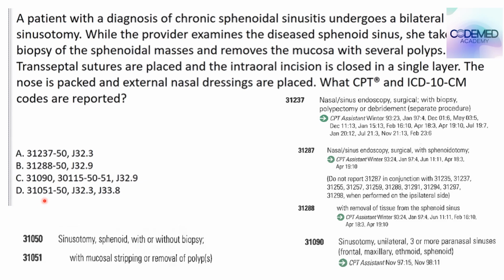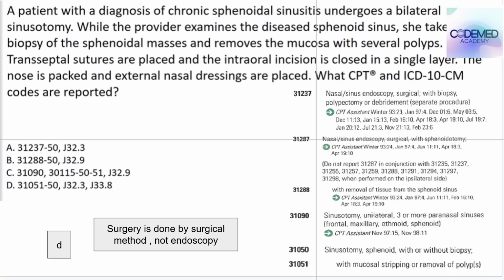And we have the code 31051. It is a sinusotomy, sphenoid, with or without biopsy, with mucosal stripping or removal of the polyp. So we will check what's the answer. D is the correct answer because it talks about the sinusotomy sphenoid with a biopsy, with mucosal stripping or removal of the polyps, and we will put a modifier 50 for the bilateral procedure.